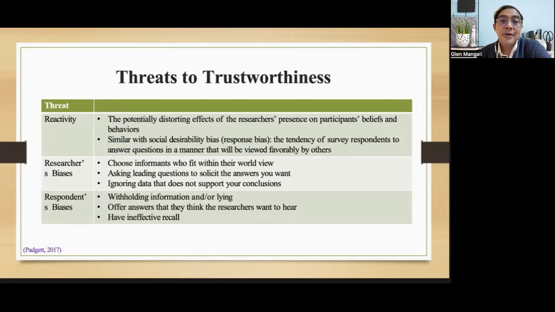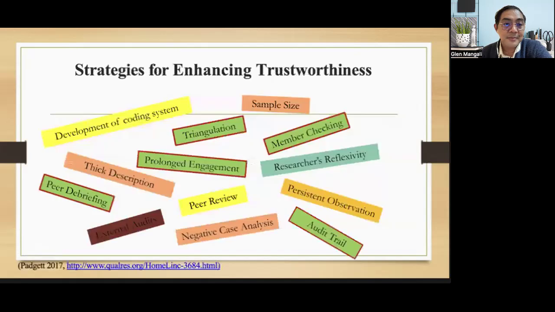So what are the ways to enhance trustworthiness? Number one, you need to develop a coding system, especially if you're doing quali, or you need to ensure that the sample size is enough for quanti. It is also important to triangulate if you're doing qualitative research, member checking, another person to iterate, a prolonged engagement.